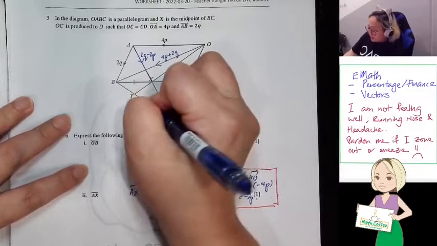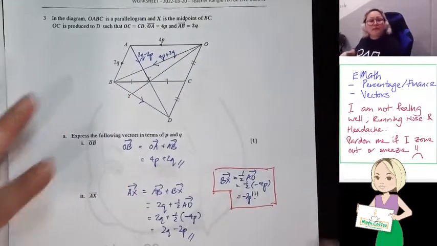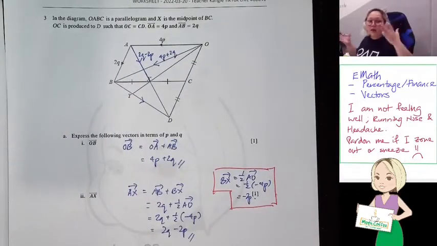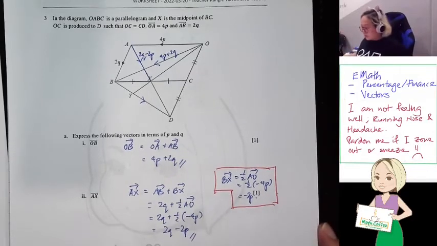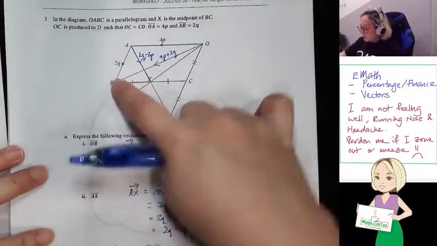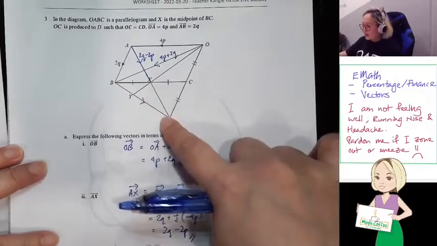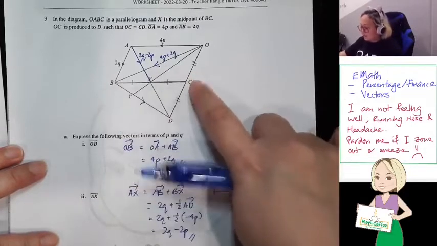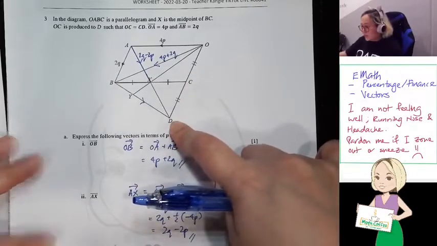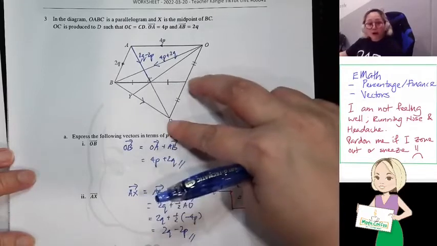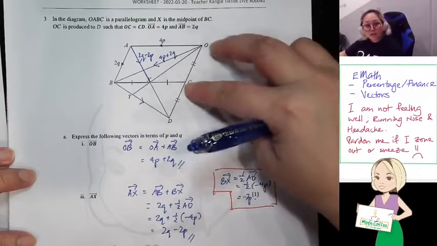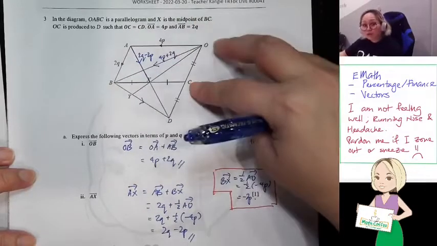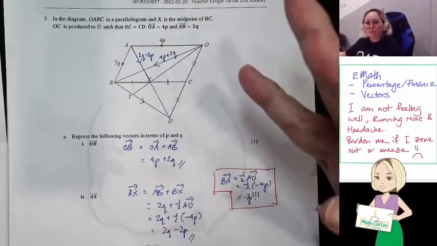Let's put an arrow and see what kind of route we have. BD is my shortcut. I can walk from B to C, then C to D. Agree? And I don't have to worry about CD, because my CD is the same as OC, and OC is the same as AB. So nothing to worry.